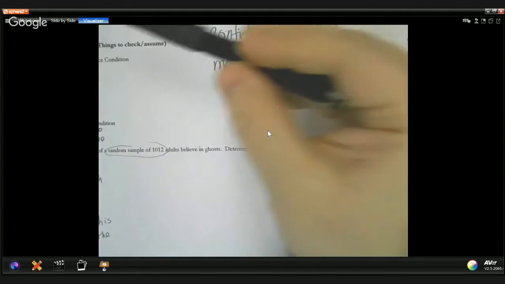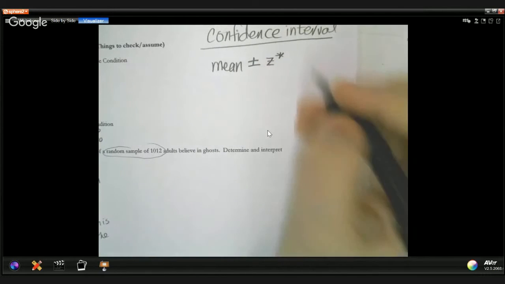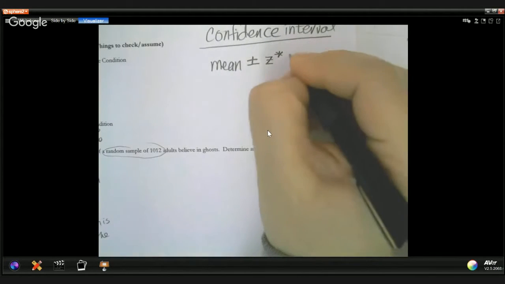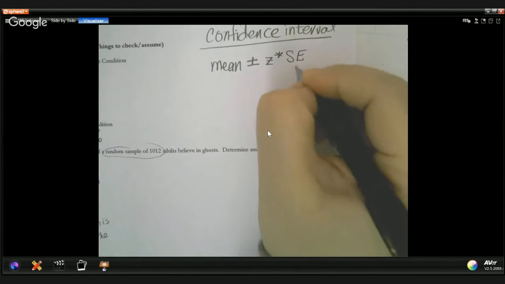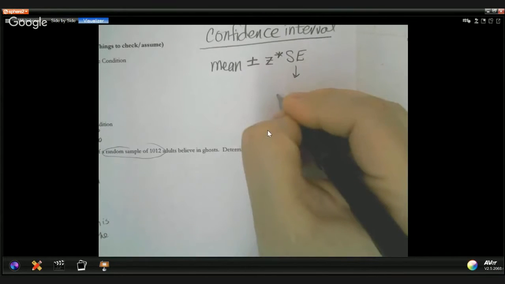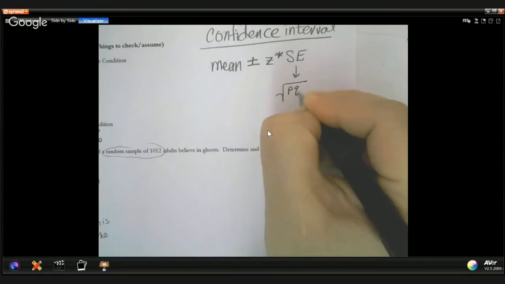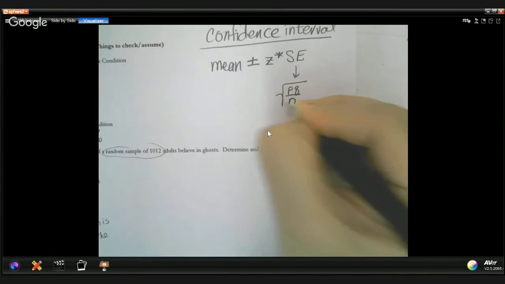And it's plus or minus our critical value, which we practiced finding here, times our standard deviation for our sample, which is our SE. And for proportions, remember, that is the square root of PQ over N.